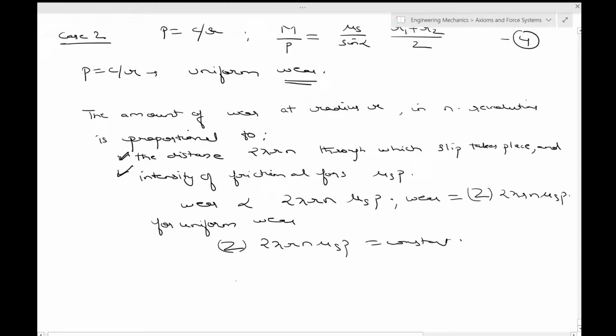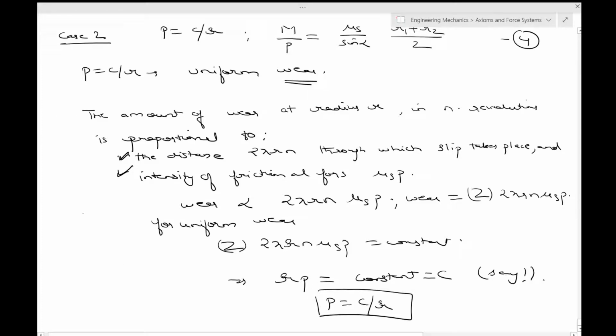This implies that r p is equal to a constant, let's call it C, because 2 and pi and n and mu s are all constants. So this is why you can say that P equal to C by R is a case of uniform wear.